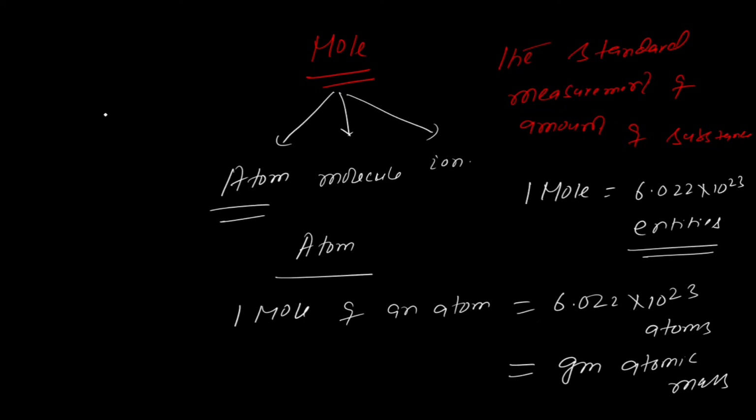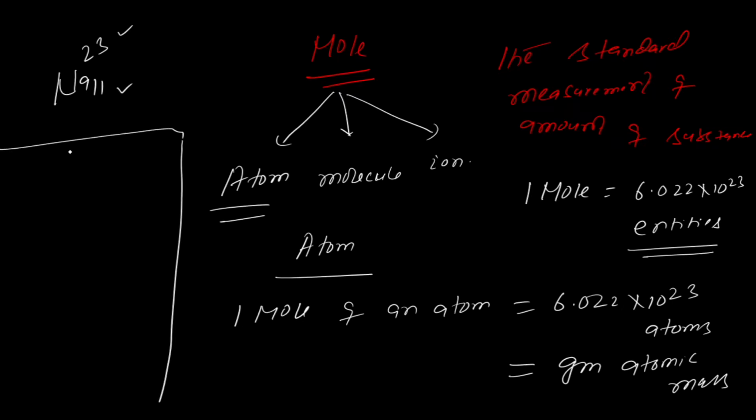Have a look here. I just like to give some example, like sodium 11, 23. As you know, this is the atomic number and this is the mass number or the atomic mass. When the atomic mass is expressed in gram, this is known as gram atomic mass. Let's give one example of sodium.